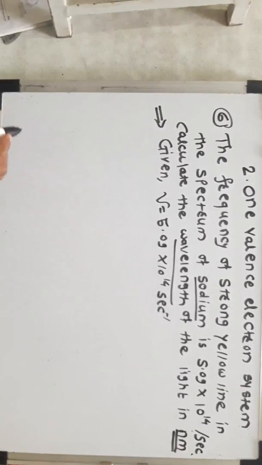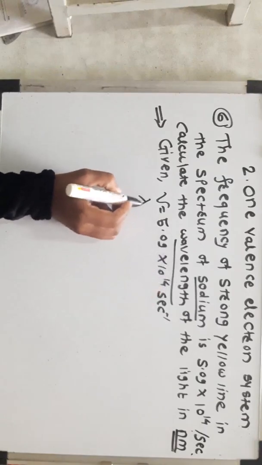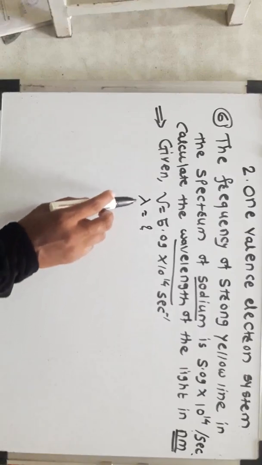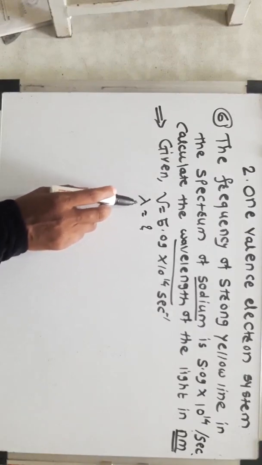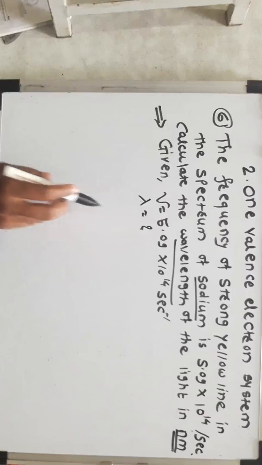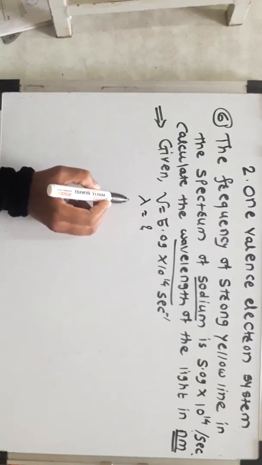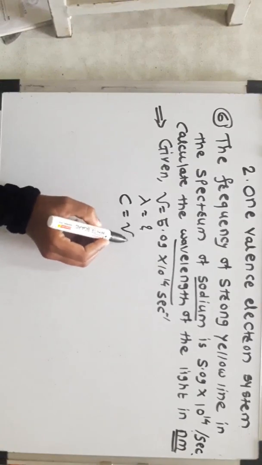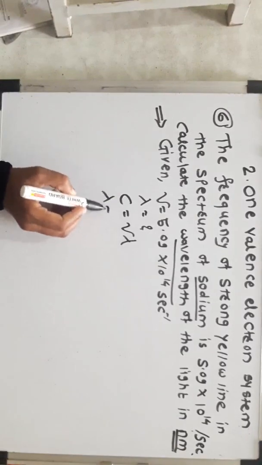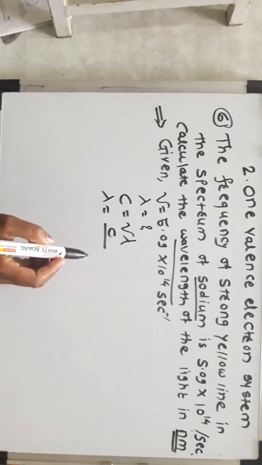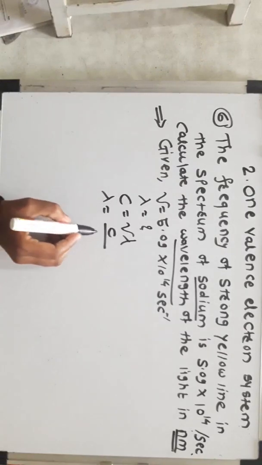Then you have to calculate the wavelength lambda. What is the relation between nu and lambda, frequency and wavelength? The relation is C is equal to nu lambda, so lambda is equal to C upon nu.